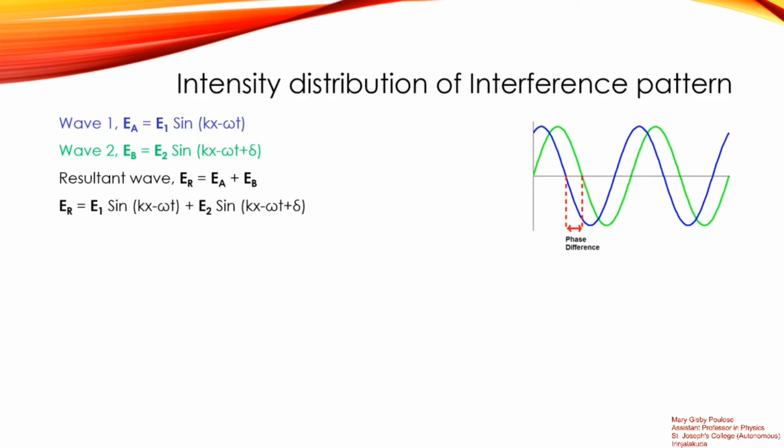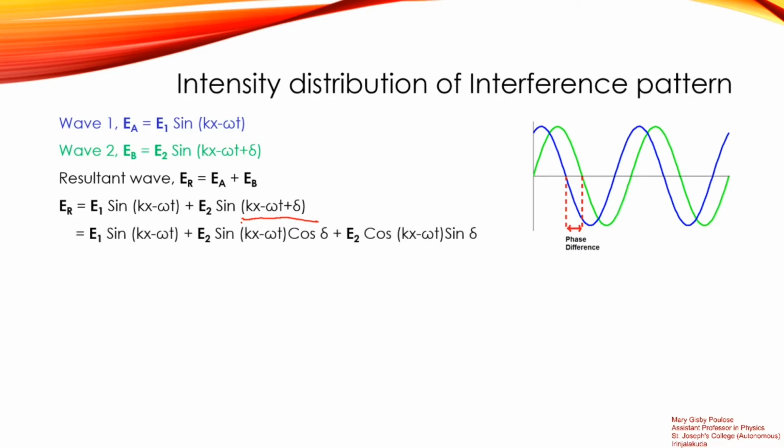Kindly follow through this derivation with your notes. Now, in the sine of kx minus omega t plus delta term, I can consider this as sine of A plus B, where A is kx minus omega t and B is delta. So expanding it, I should write sine A cos B plus cos A sine B.